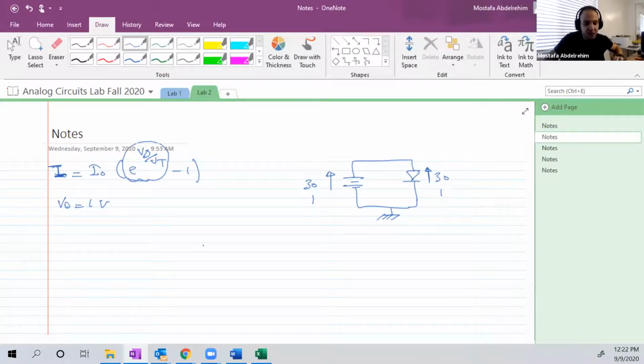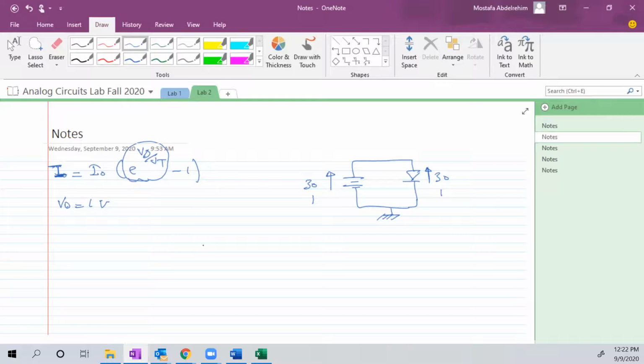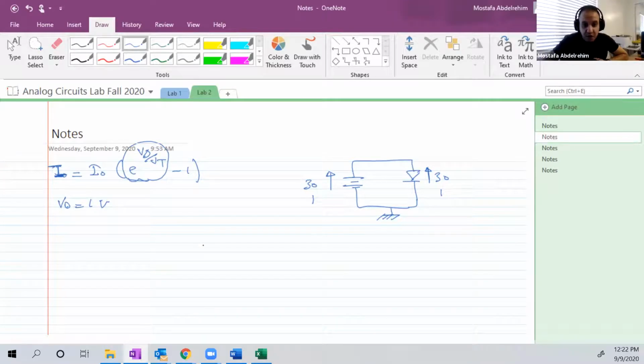Even if you put a resistance, if it's a small value, you still have the risk of very large current, and you may destroy your whole circuit, not just the diode. That's why we usually put a resistance in series with the diode, to prevent such large currents inside the diode, which would break the diode or anything else.